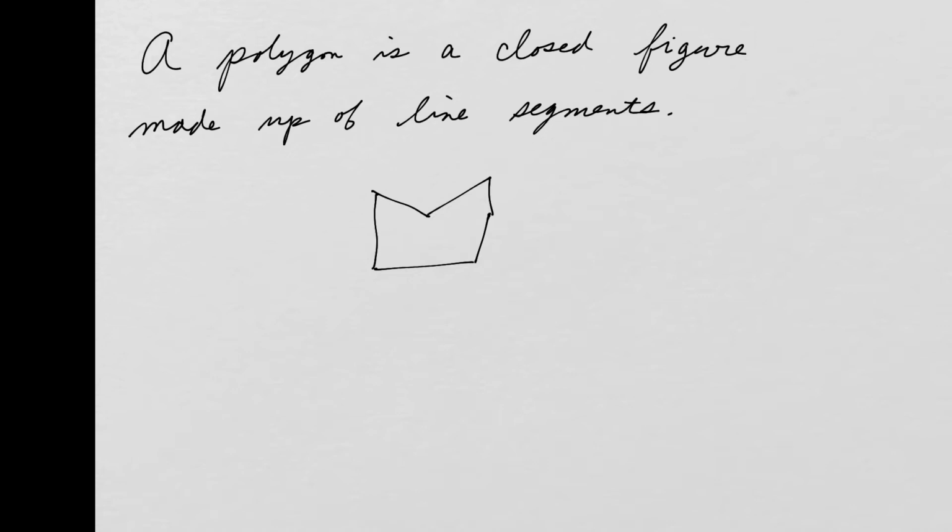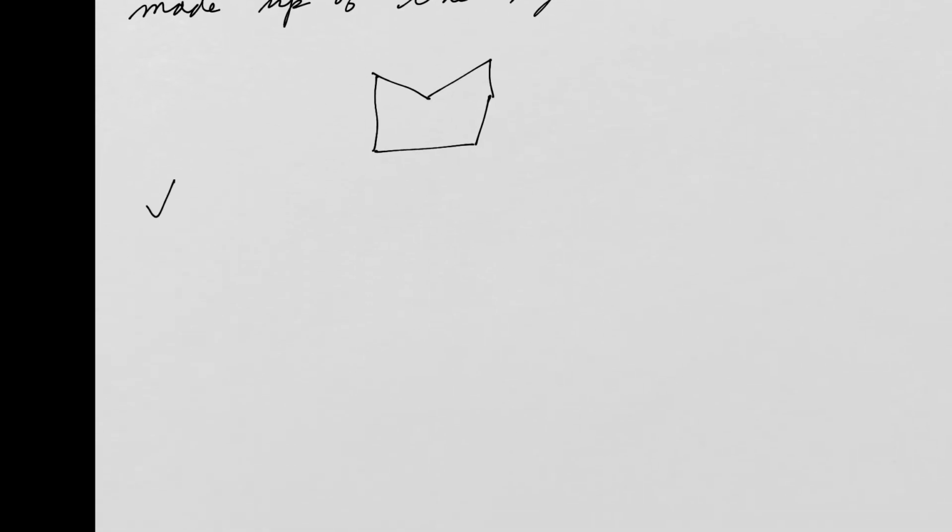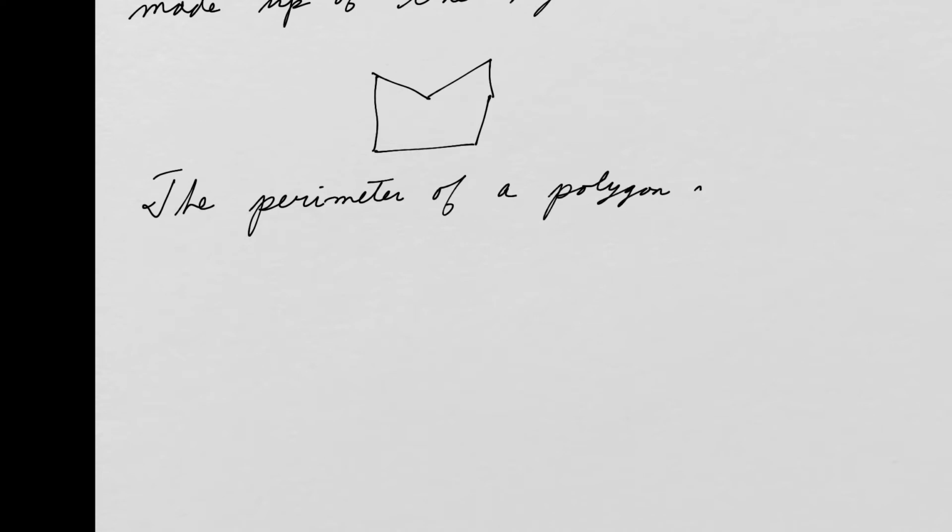Okay, so what is the perimeter of a polygon? It's basically the distance around the object, right? So the perimeter of a polygon is the distance around it.